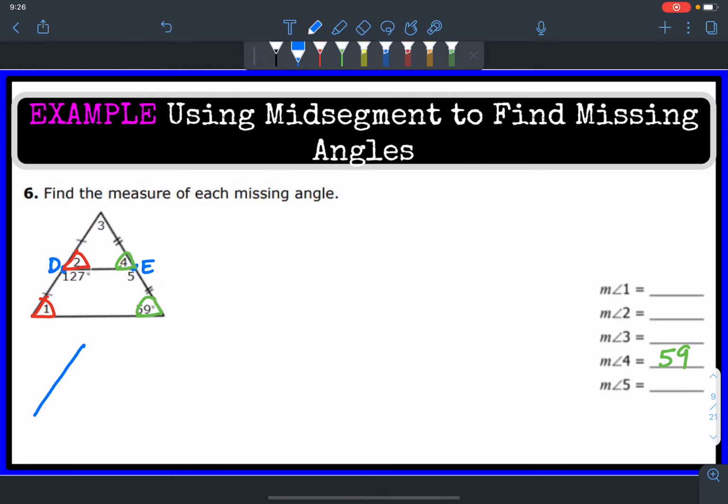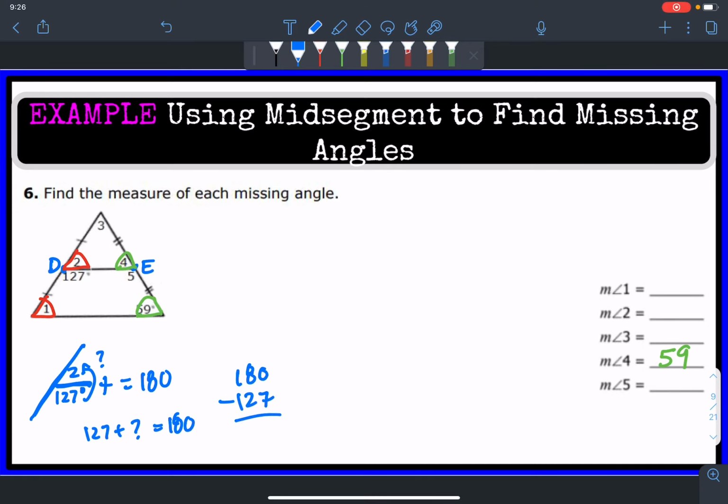We have these diagonal lines, and we have this horizontal line here, and we have angle 2, and we have 127 in the bottom. Since these again are two adjacent angles that make a straight line, a linear pair, then these two angles have to add up to equal 180 degrees. So adding 127 with whatever this is right there has to give me a total of 180. So if I get 180 and I take away the 127, which is equal to 53, then that would be the measurement of this top angle right there. The measurement of angle 2 is 53. And as a result, since angle 1 is congruent, that is also going to equal 53.